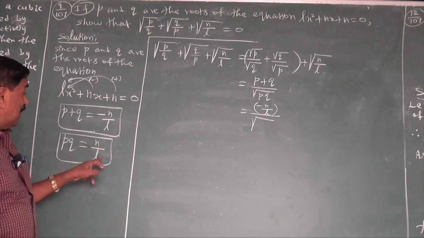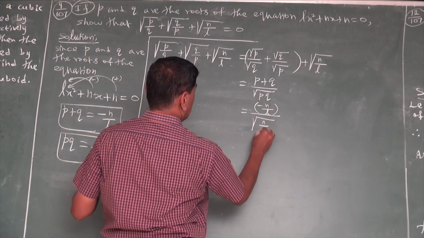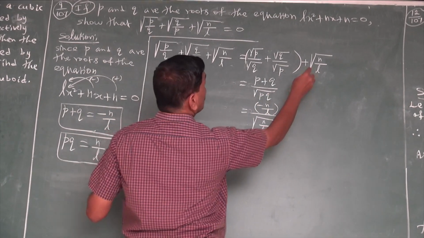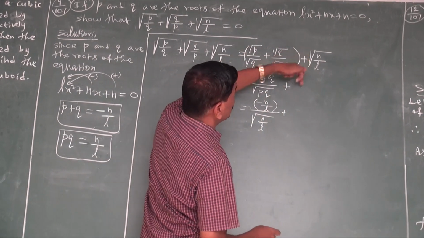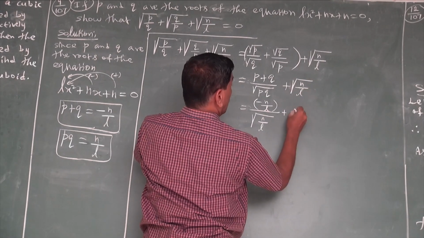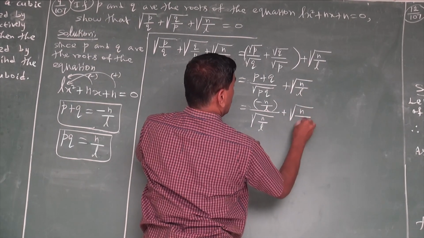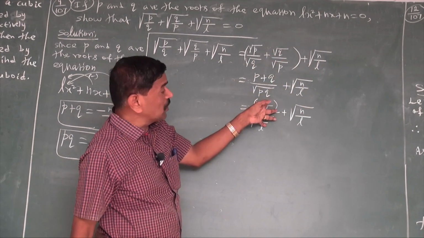The product of the roots is equal to n by l. So pq is equal to n by l, plus the third term fixed as it is. So for the first two terms we simplify, and write the third term as it is, square root of n by l. Here also square root of n by l. Okay, so the third term stays as it is, and we are simplifying the first two terms.